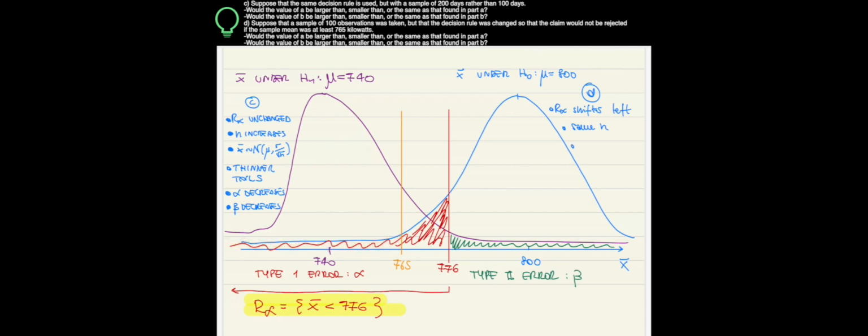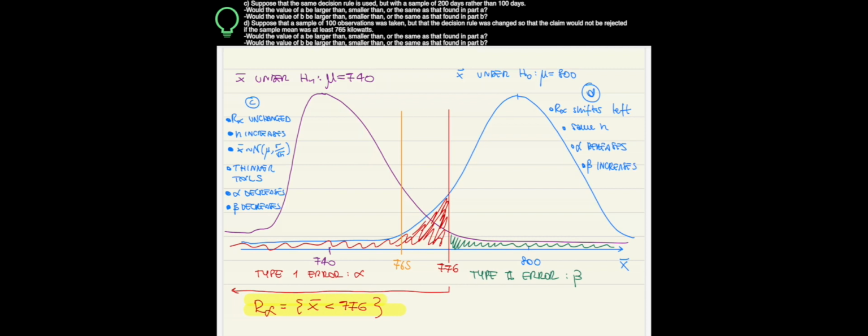So alpha decreases. However, for beta it is the other way around. So the green part was beta, right? But this time beta is this area here. So instead beta increases.